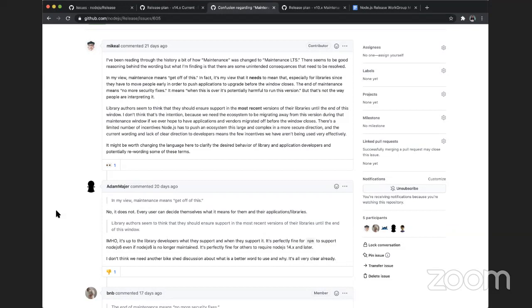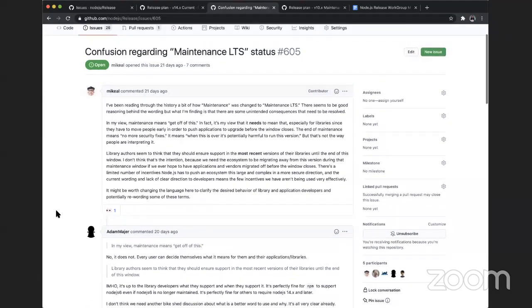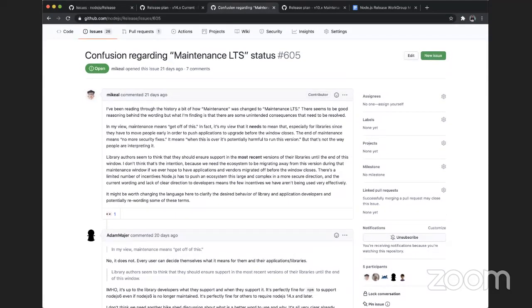Someone like Michael, who I've known for years, is a bleeding edge kind of individual who cares about features and active stuff. But as I mentioned, with cloud providers or Debian or these other organizations, there are organizations that actually prefer maintenance LTS to active LTS because they don't want new features. They want to ensure that there is a consistent API surface throughout that life cycle.